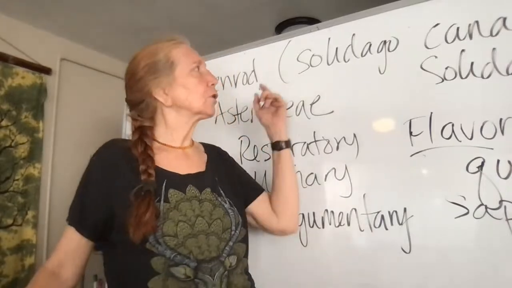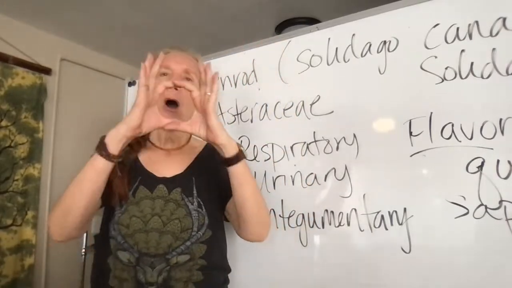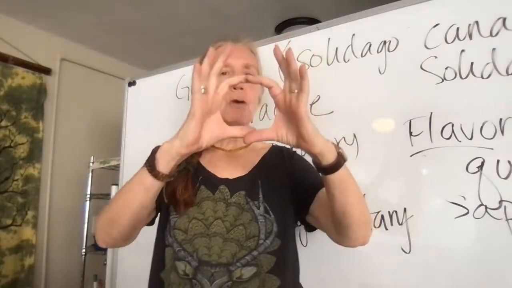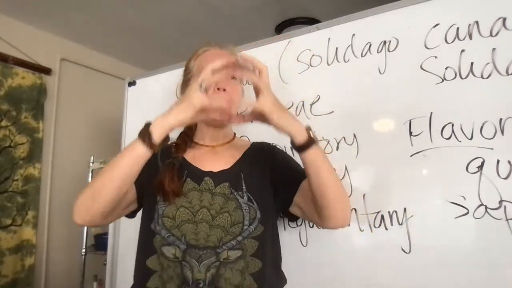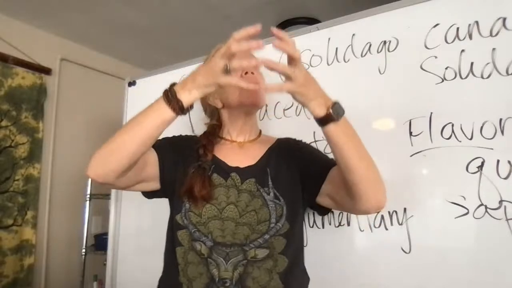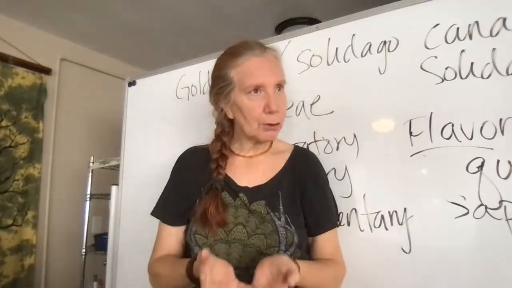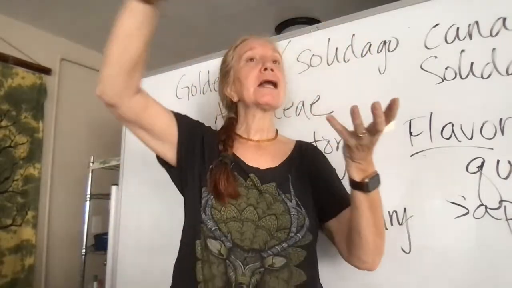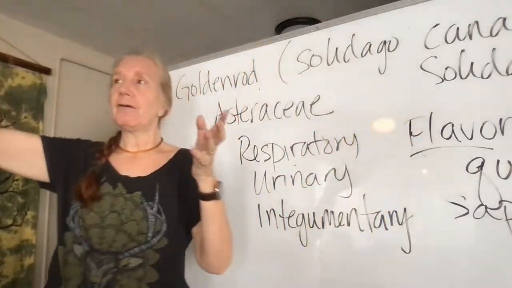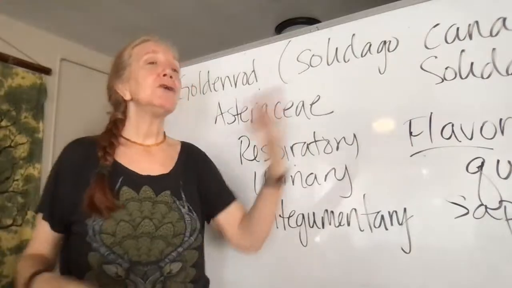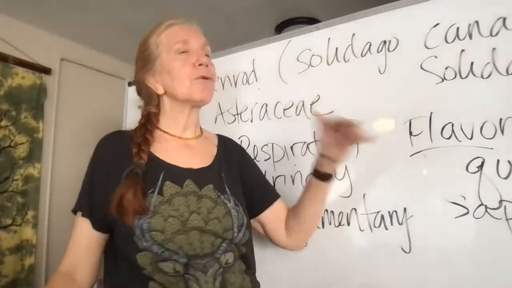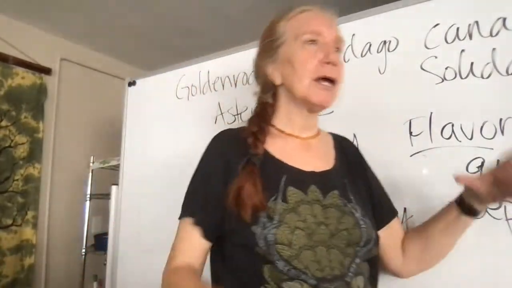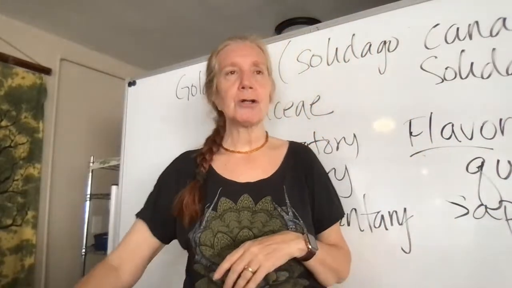The fact is that the goldenrod pollen, if you look at it under a microscope, it's a big, big pollen. It's a big, heavy pollen. So big, heavy pollens fall to earth. They're too large to be carried by air. Tiny pollen is carried by air. And so you have air pollinated plants and you have insect pollinated plants. And goldenrod is an insect pollinated plant. It carries those larger molecules.